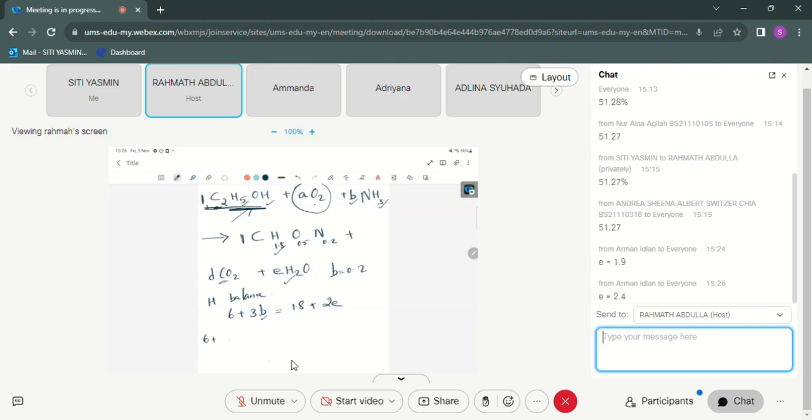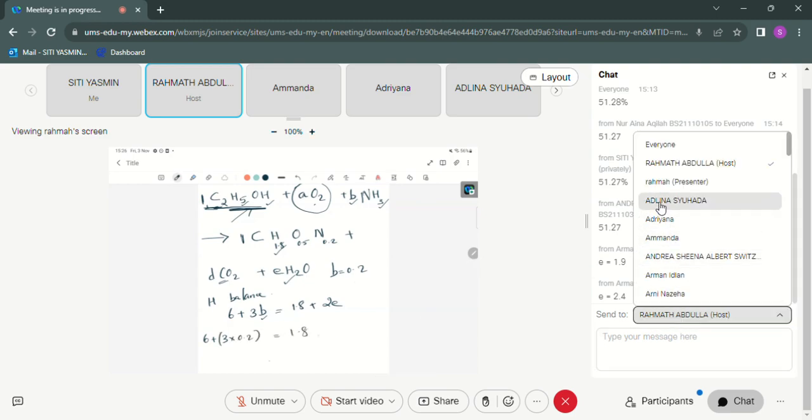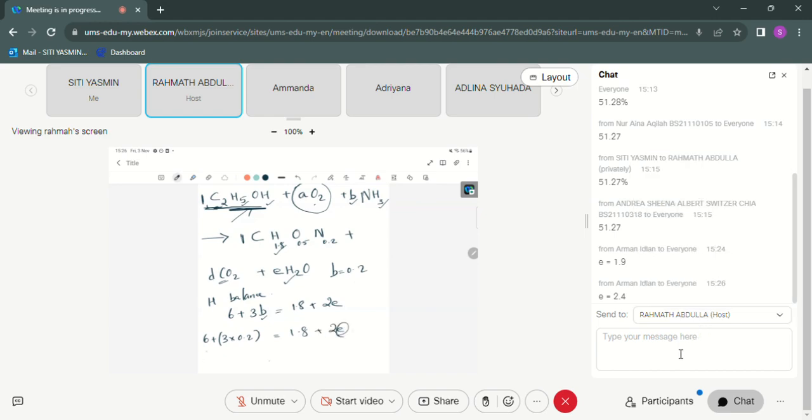So you get 6 plus 3 times 0.2 equals 1.8 plus 2E. So you have to find this E. So this will become 6 plus 0.6, which is 6.6, equals 1.8 plus 2E.